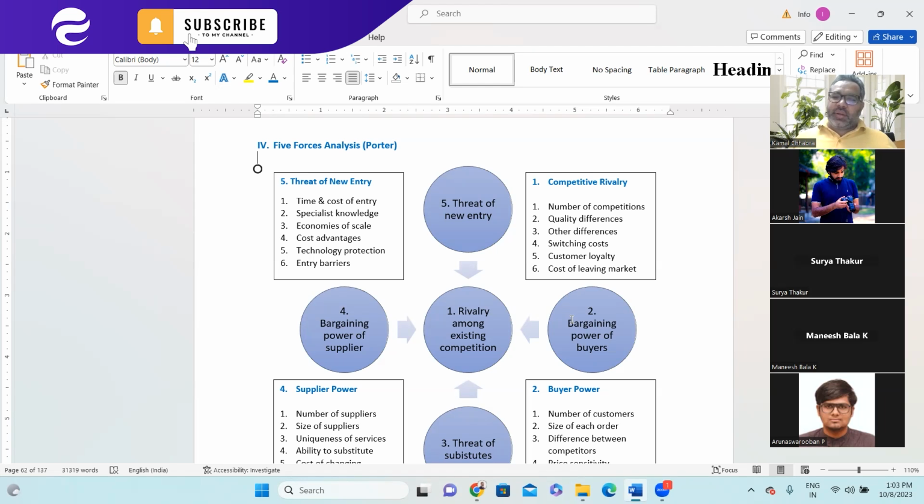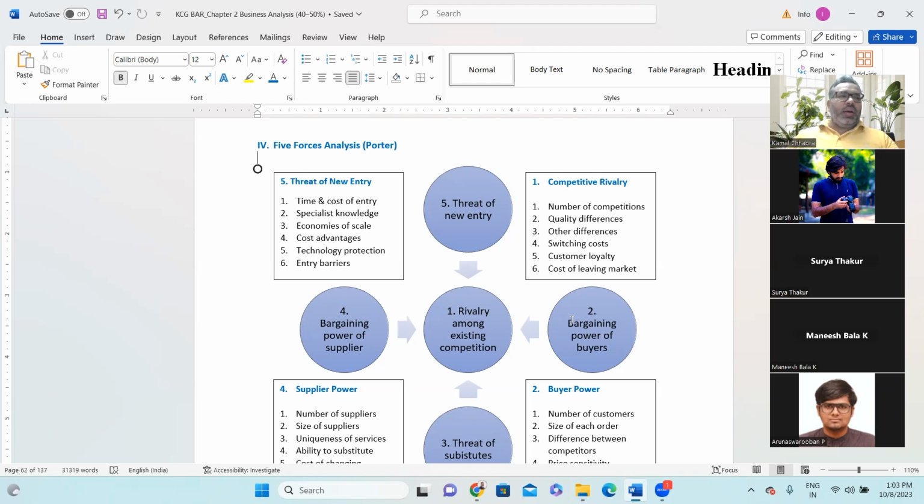Next are the other differences, which may be on account of change in market preferences, and taste as well, because nowadays Gen Z look at things very differently.